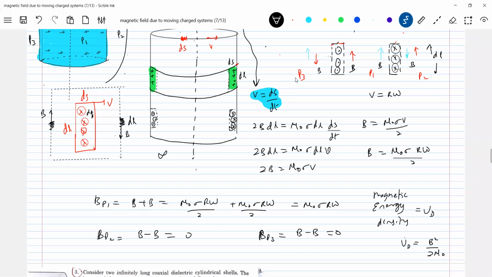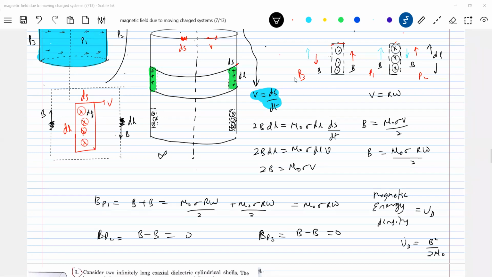So they may test you on what is the magnetic energy density inside the rotating cylindrical pipe, the charged pipe. See, this is a method. Why are we not considering other steps? Why are you not considering that, when you are going to add 2B, 3B, 4B?